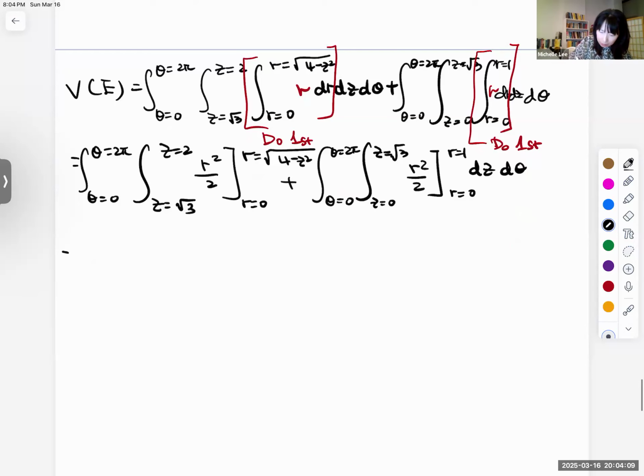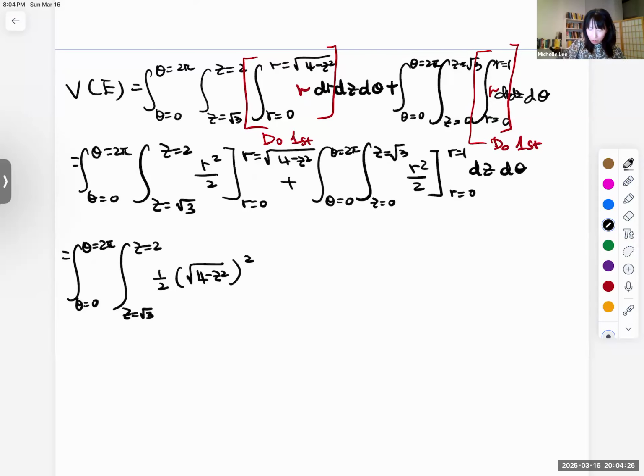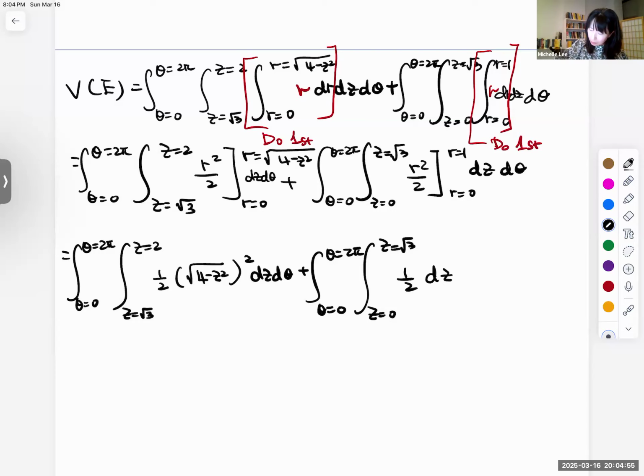Now we have 1/2 times square root of 4 minus z squared squared, and the rest is 0, dz d theta, plus theta from 0 to 2 pi, z from 0 to square root of 3, 1/2 times 1, dz d theta.